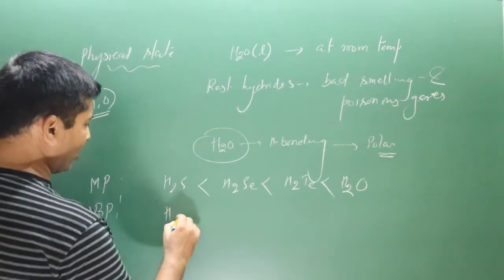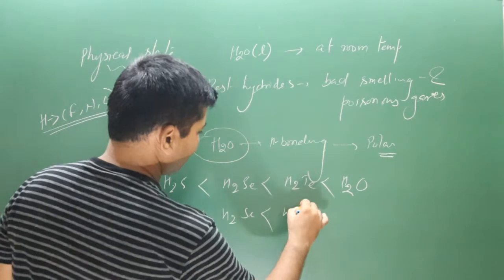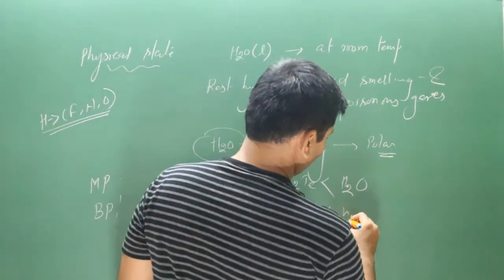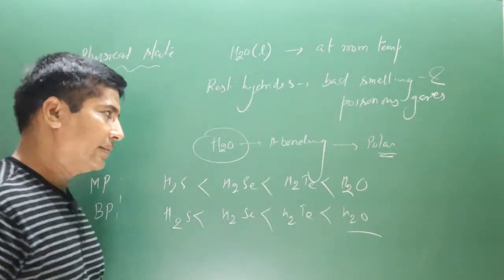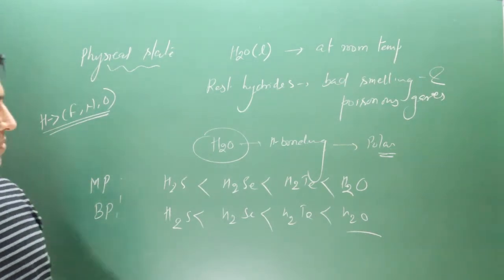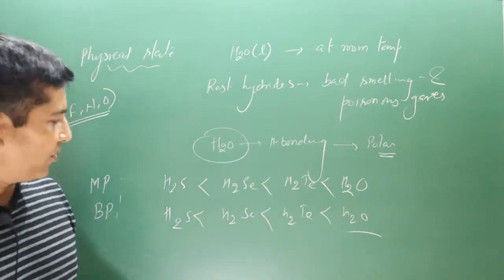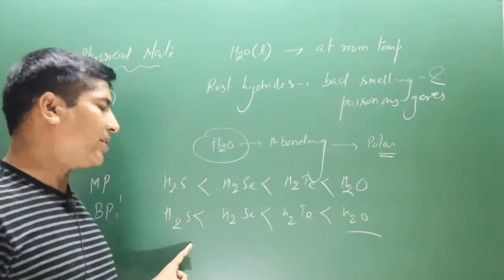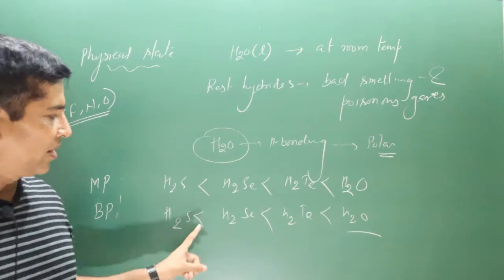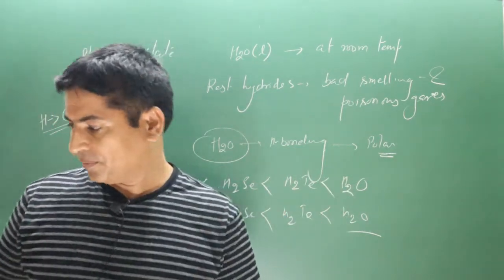Same is the case in the boiling point. We are getting a similar trend, H2Se, H2Te, and then H2O. It is because of hydrogen bonding. Hydrogen bonding dominates the intermolecular force. We decide this trend based on the intermolecular force, which is dominated by hydrogen bonding.